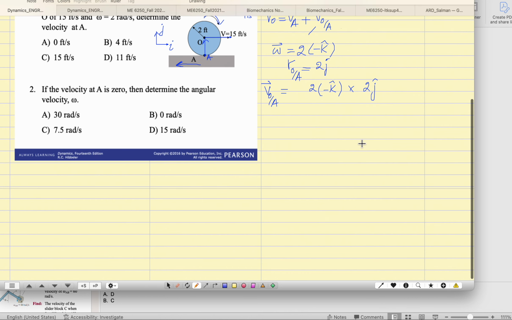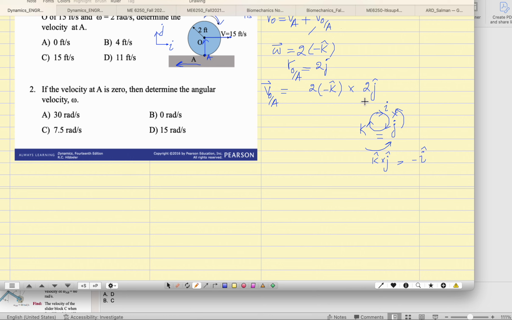When you have the cross product of two unit vectors, here is a good way to keep consistency: with a clockwise rotation, I cross J gives K. But K cross J goes opposite to the clockwise direction, so it is negative I. Since there is already a negative sign with K, the negatives multiply and you get 4I. Correct?